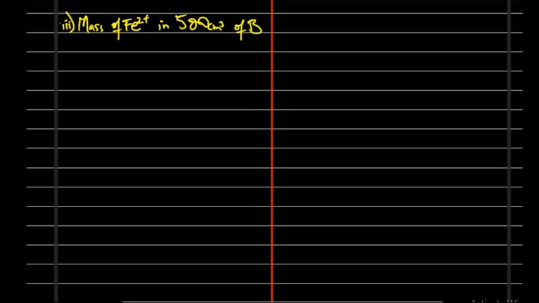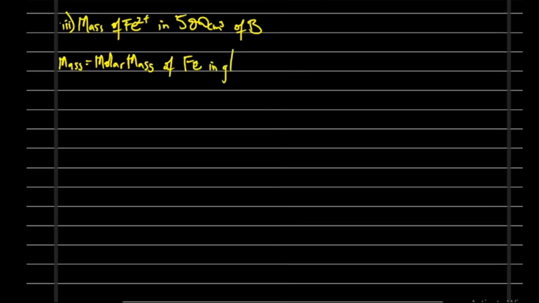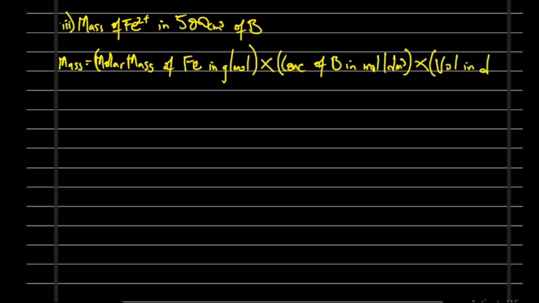So the formula that we'll be using is similar to what we used earlier on. We'll be using mass equals molar mass of iron in grams per mole, multiplied by the concentration of B in moles per dm cube, times the volume in dm cube.